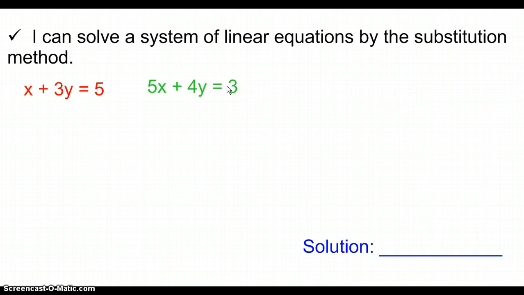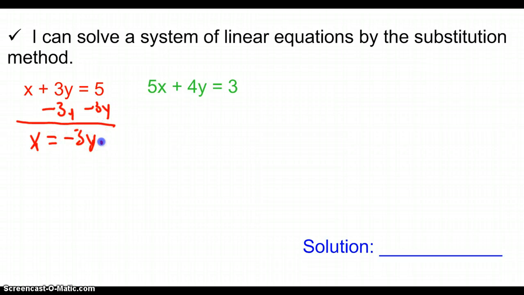If we look at the lead coefficients of x, 3y, 5x, and 4y, I'm going to solve the first equation for x because there's no lead coefficient, which means I'm not going to need to divide and I'm not going to have any fractions. So if we solve this equation for x by subtracting 3y, we end up with the equation x equals negative 3y plus 5.